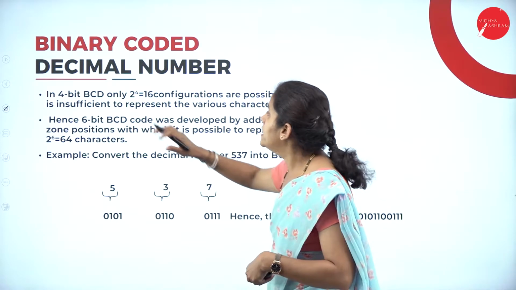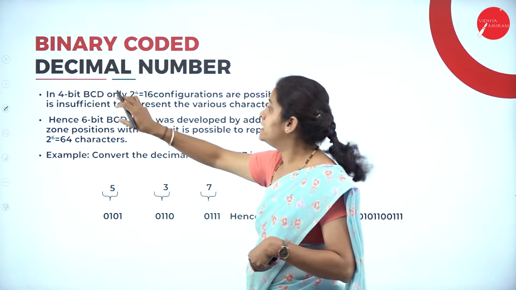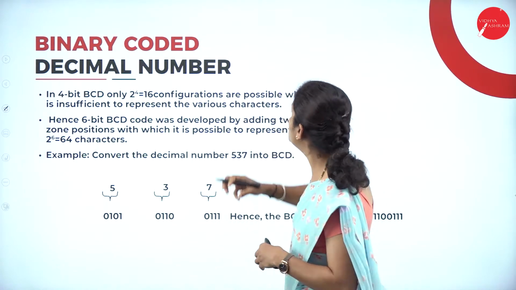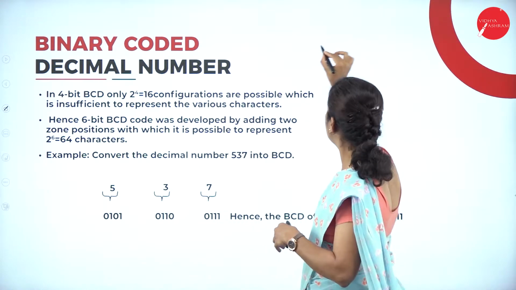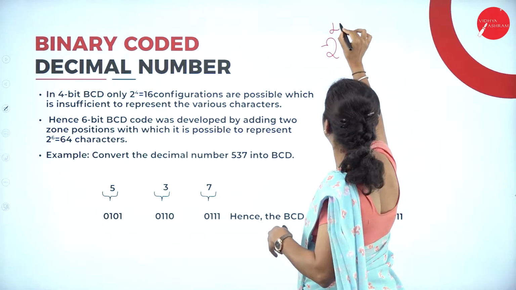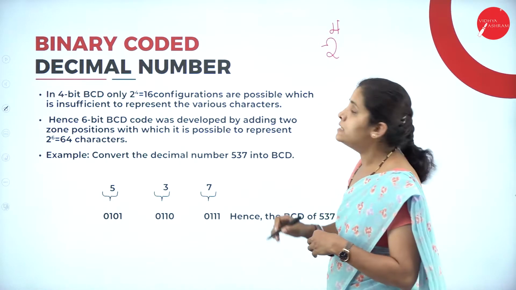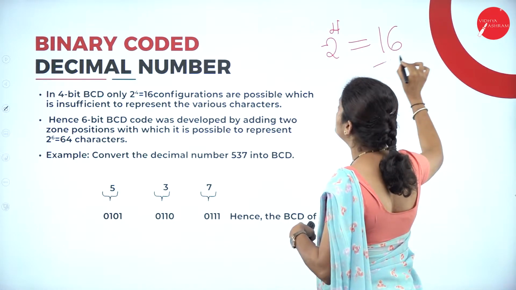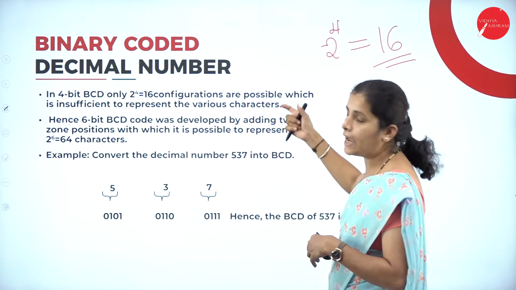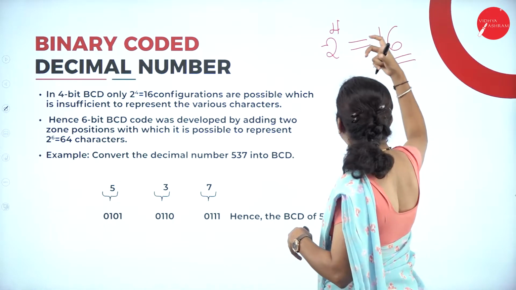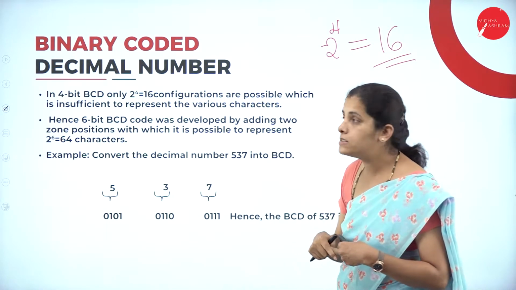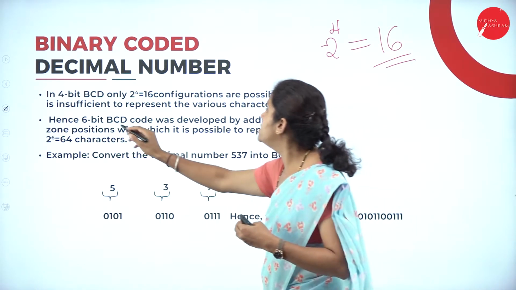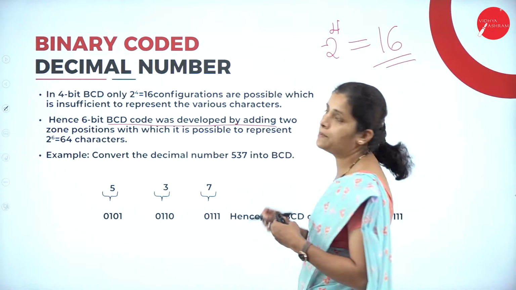In the 4-bit BCD, it is possible to represent only 2 to the power 4. That means it is possible to configure only 16 characters. Hence, 6-bit BCD code was developed.